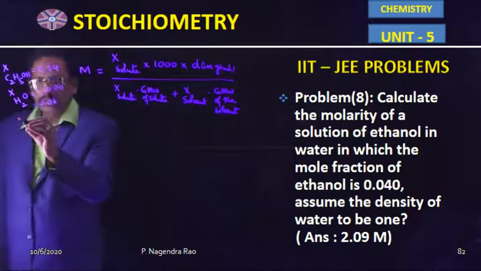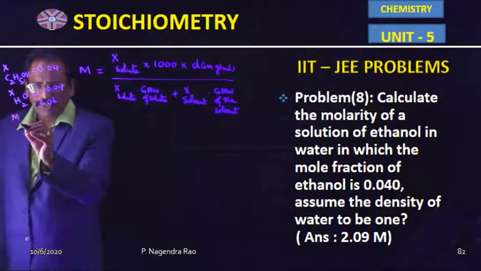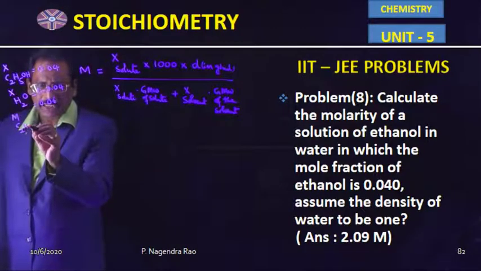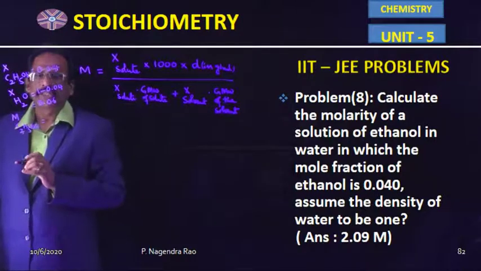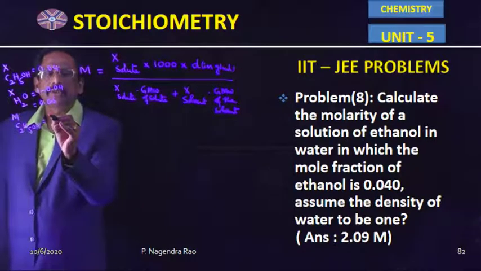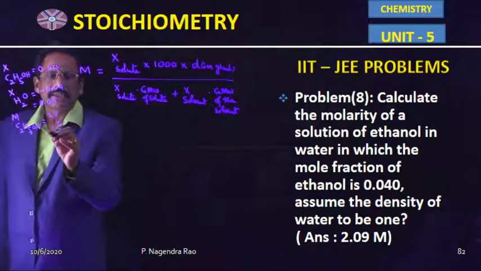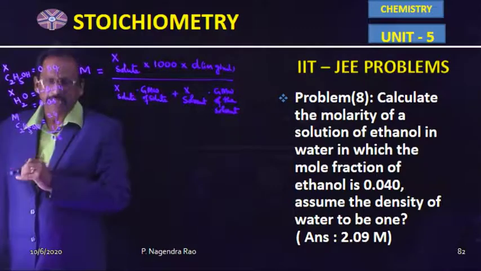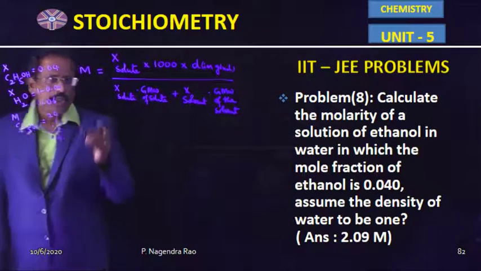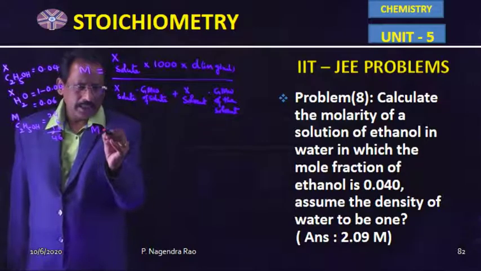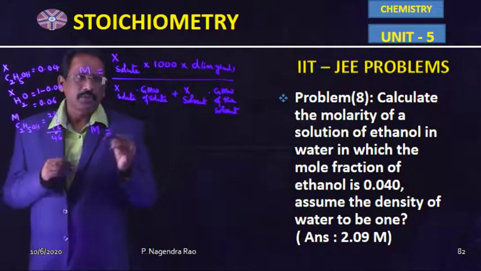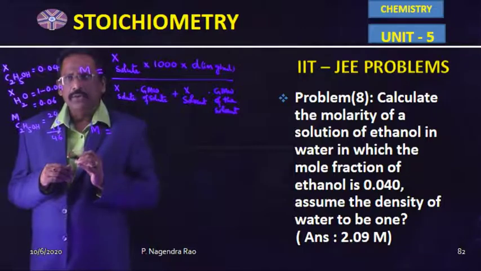Now the molecular weight of ethyl alcohol, C2H5OH, is 24 plus 6 plus 16, that is equal to 46. Now molarity capital M is equal to mole fraction of the solute.